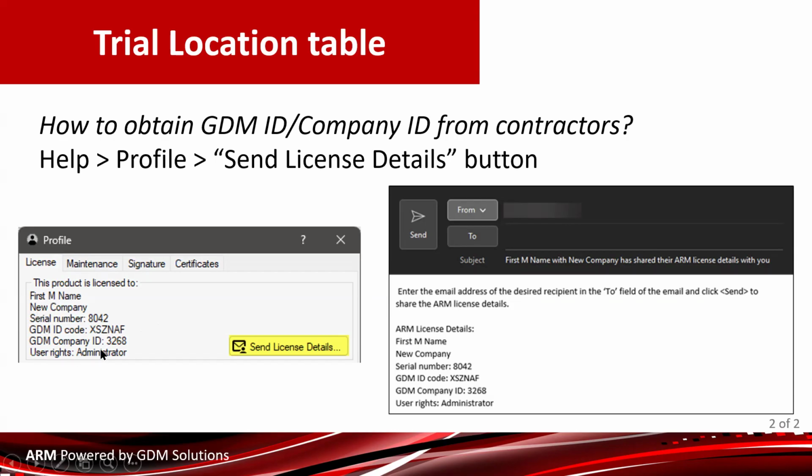So when that person's logged in, it'll list their login name, their company, and most critically in this case, that GDM ID code for the individual and that company number. And there's a button that'll just generate an email with all that information, so that way you have the company ID or that user identifier.